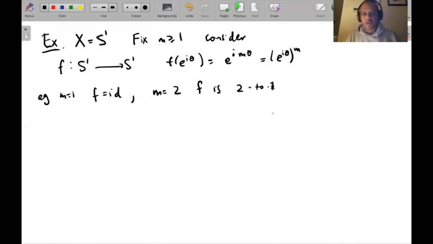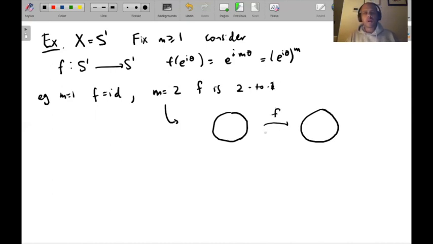So let me draw a picture in this case. So we have the circle mapping to itself via f. And each point has two preimages. So the point 1 has preimages 1 and -1, both 1 and -1 squared to 1, working in the complex numbers. So every point has two preimages, which are antipodal.